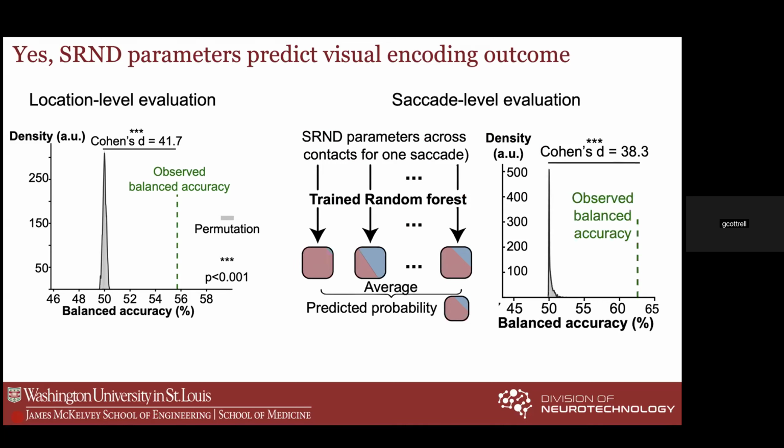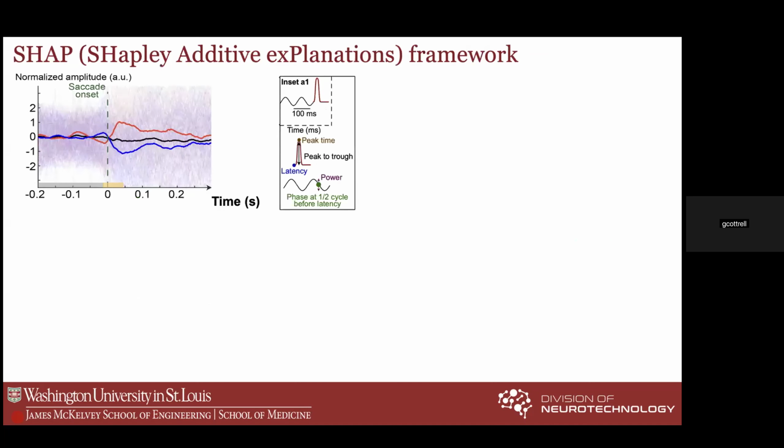We can, of course, use all the information by averaging the predicted probability across electrode contacts during one saccade. With that, we see a slightly higher balanced accuracy at about 63%, which again exceeds all values in the null distribution. So we now confirm that saccade-related evoked potentials play a role in visual encoding.